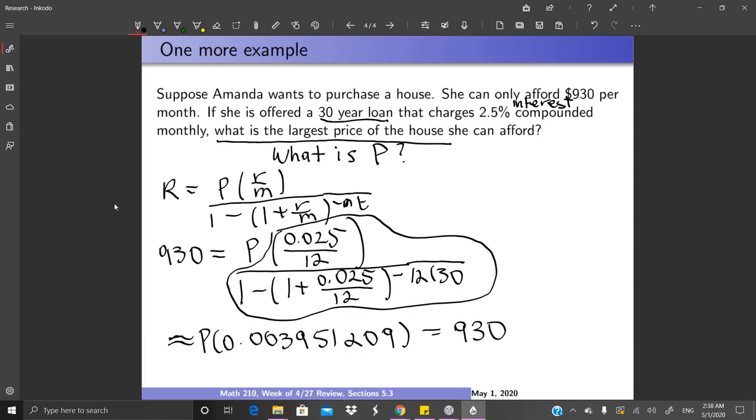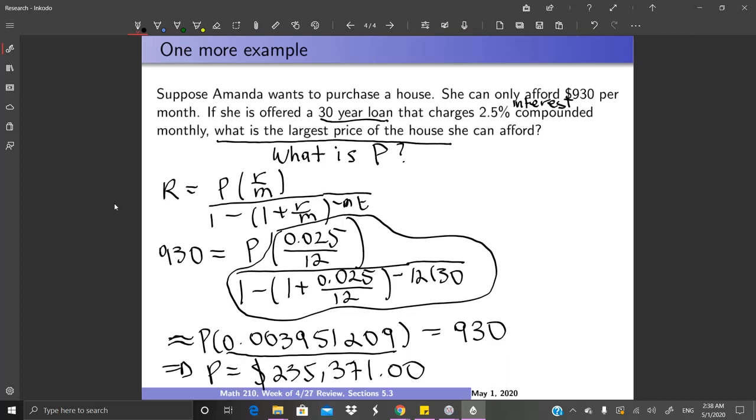And solving for P, meaning divide 930 by all of this over here, we end up with P is equal to $235,371. If I'm rounding off to the nearest cents, this is what I got. So the cost of this house is going to be at most $235,371.